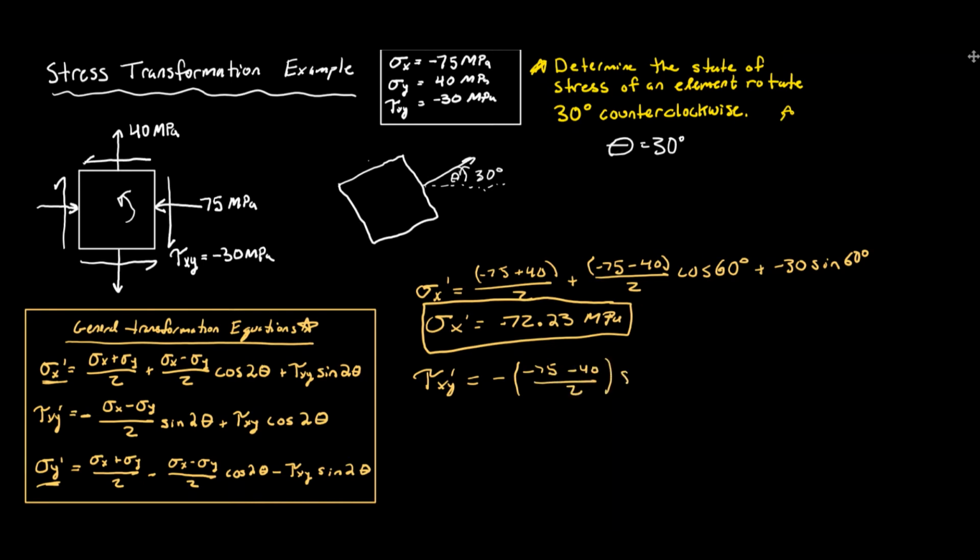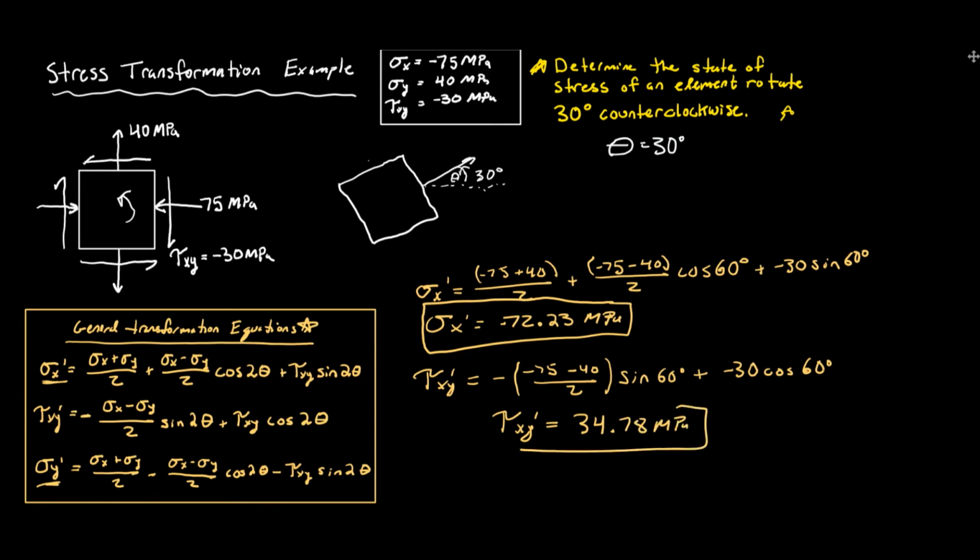That whole thing is times the sine of 60 degrees, plus tau xy, negative 30, multiplied by the cosine of 60 degrees. When we do that out, we get a new shear stress of positive 34.78 megapascals.